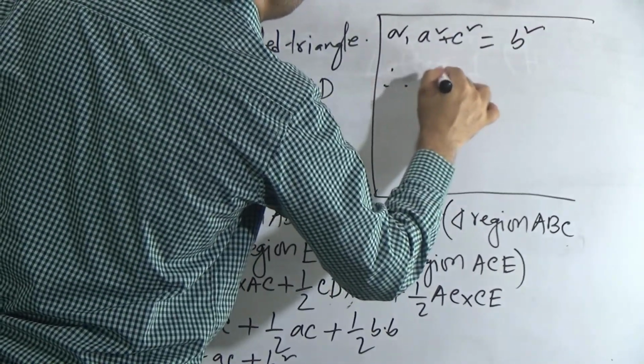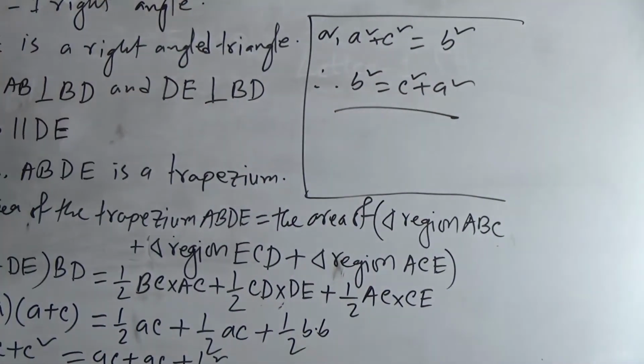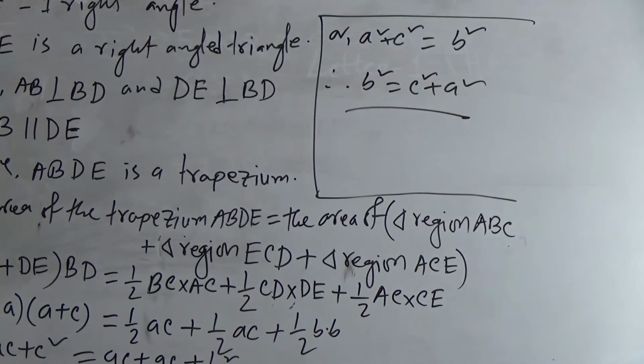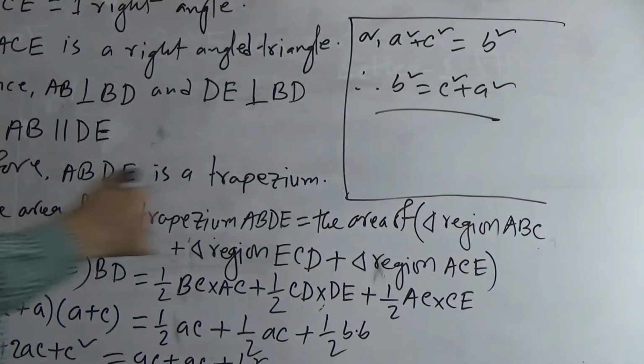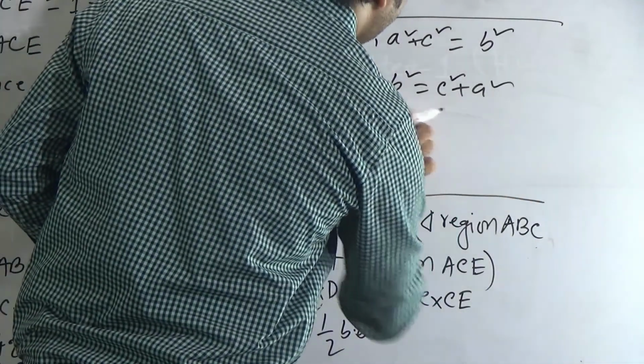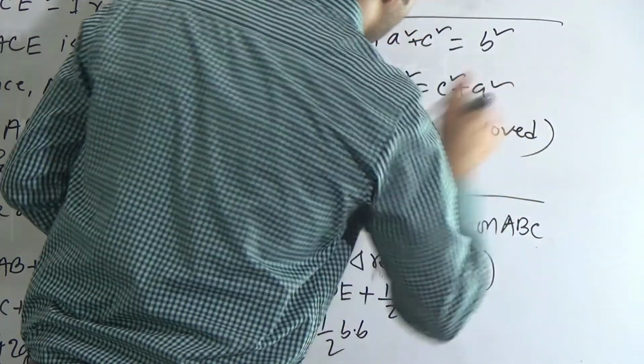That is, B square equal to C square plus A square, and this we needed to prove. So proof is done. Okay, dear students, I hope you have understood the solution of the theorem of Pythagoras.